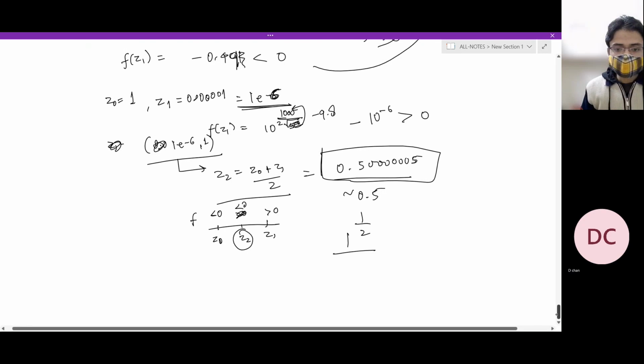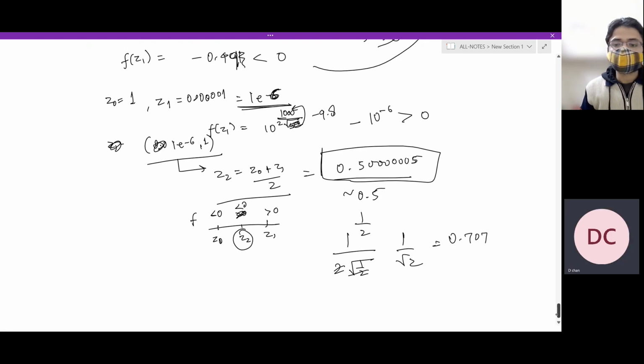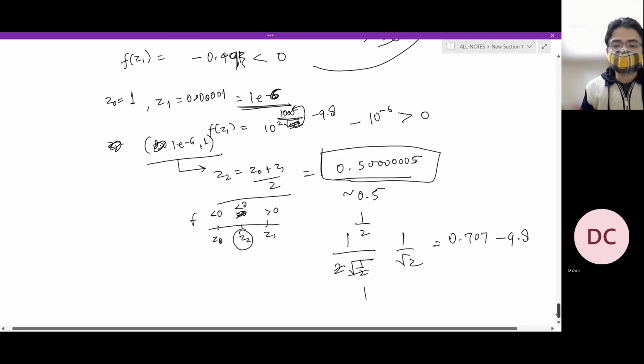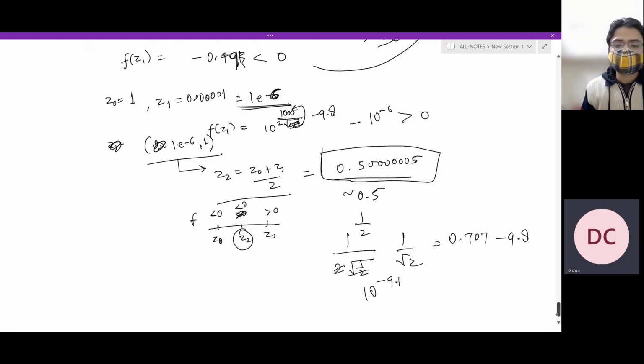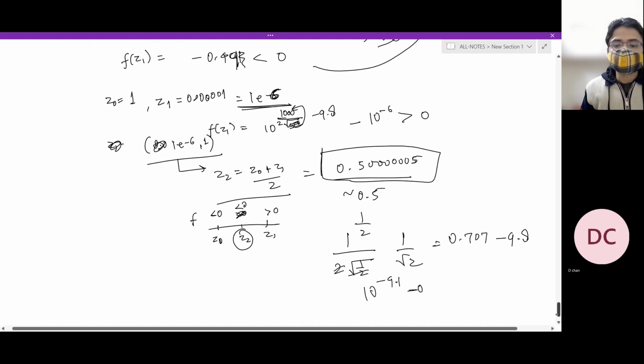If you write 1 over 2 times the root of 1 over 2, this becomes 1 over 2 root 2, which is 0.707. And minus 9.8 times a really small value of 10 to the power minus 9, something like that, and subtract 0.5 from it, so it will be less than 0. So it's less than 0 right here, and it's less than 0 right here.